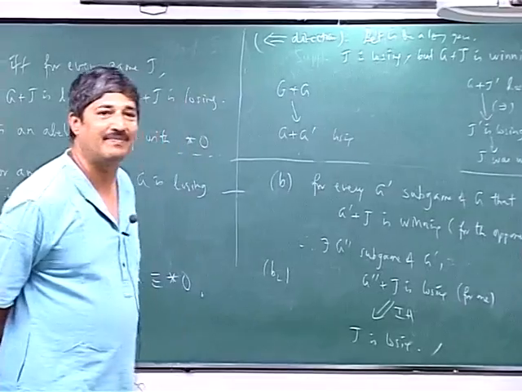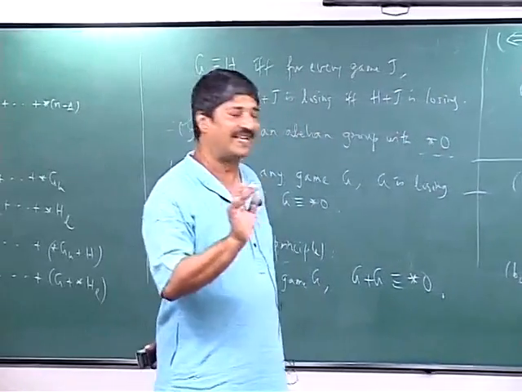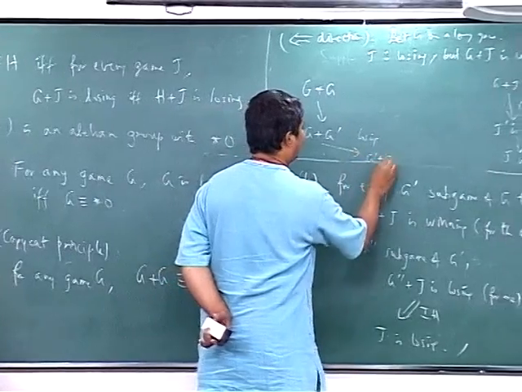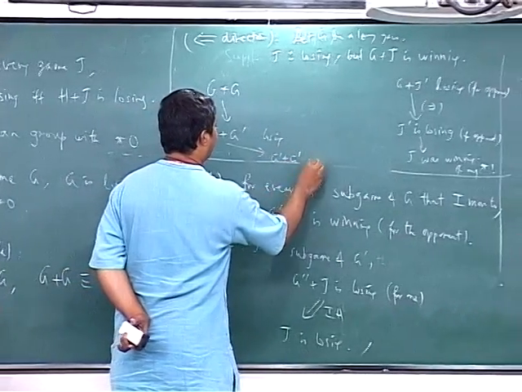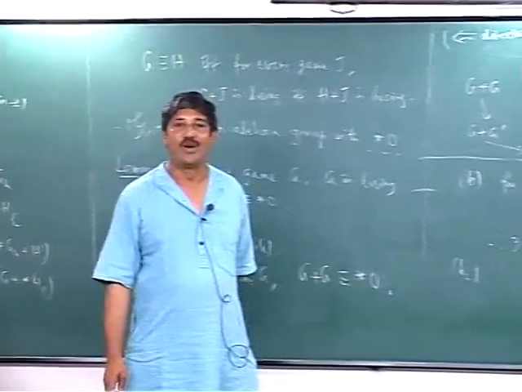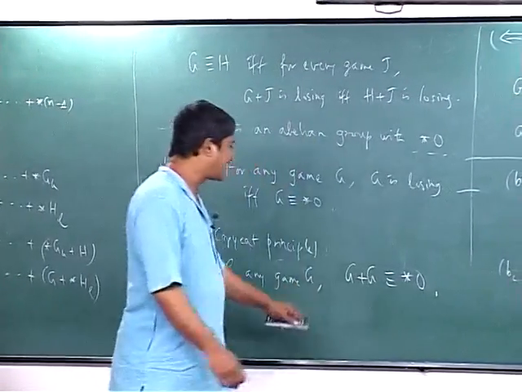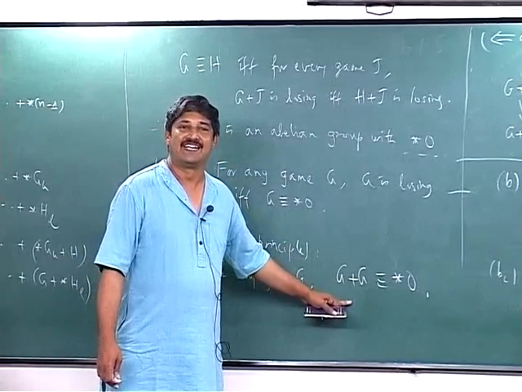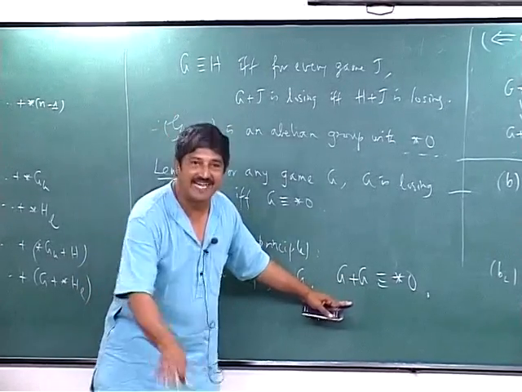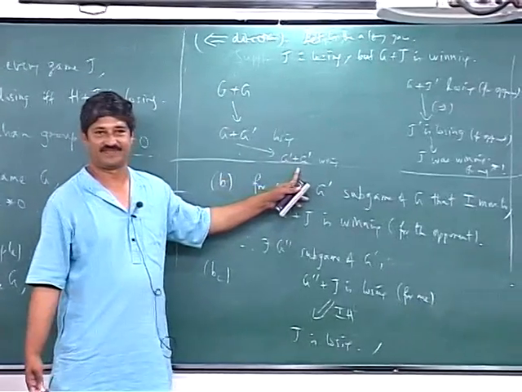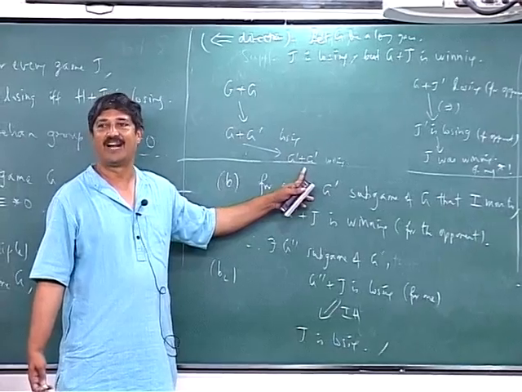G prime plus G prime, that's winning. But what do you know? I can do induction. By induction, G prime plus G prime must be equivalent to 0. Then how is it winning?